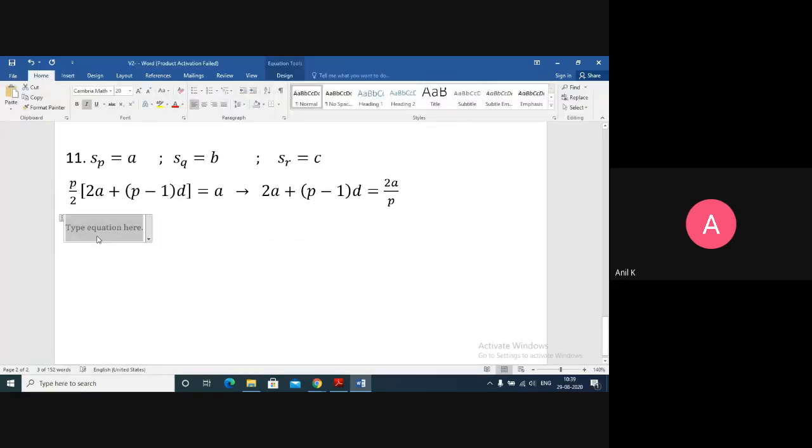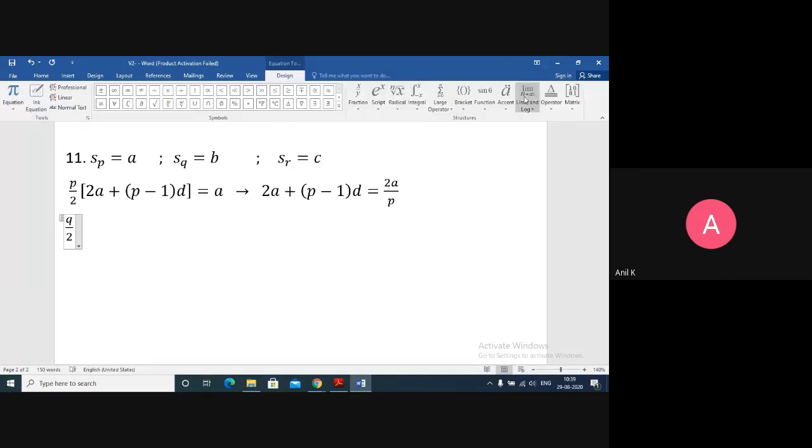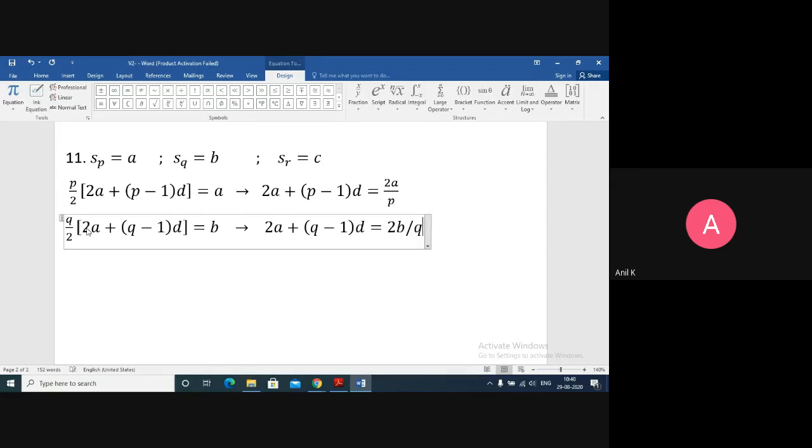SQ formula is Q by 2 into, let me write quickly, 2A plus Q minus 1 into D is equals to B. If I simplify this one, finally I'll get 2A plus Q minus 1 into D is equals to 2B upon Q. So this is another equation I'll get.